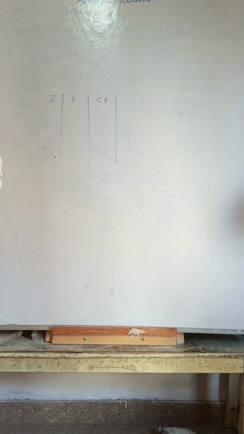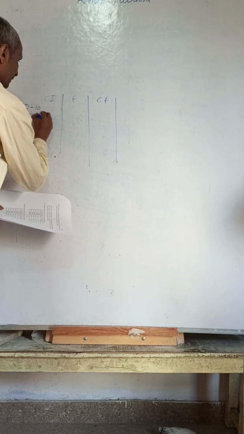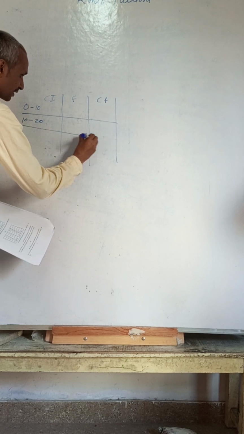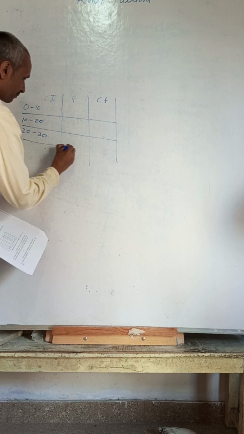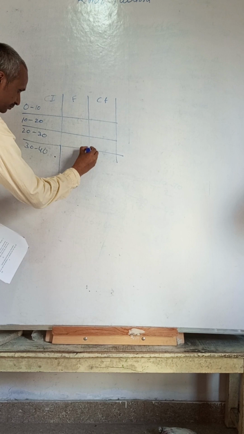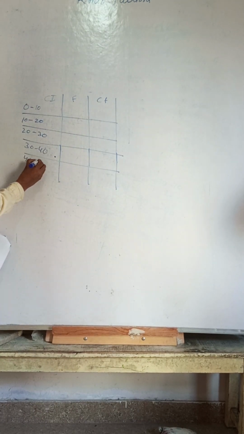What given? CI given 0 to 10. It is given the 10 to 20. Another number given up to the 60. 20 to 30. 30 to 40. 40 to 50.